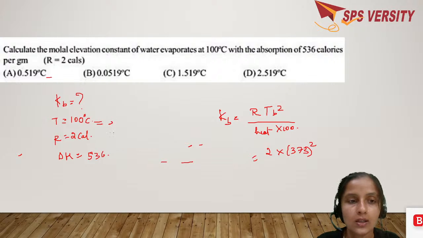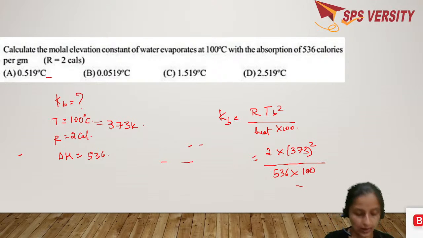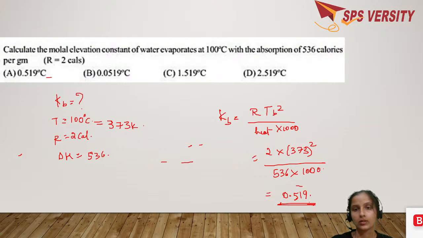Divided by heat, that's 536 into 1000 per kg. We'll calculate this value: 0.519. So that's the value. The correct answer would be option A.